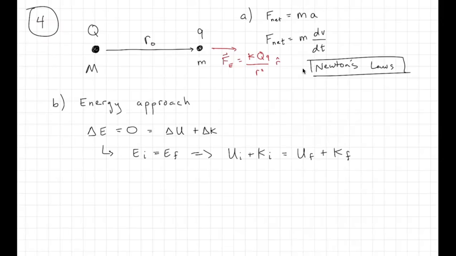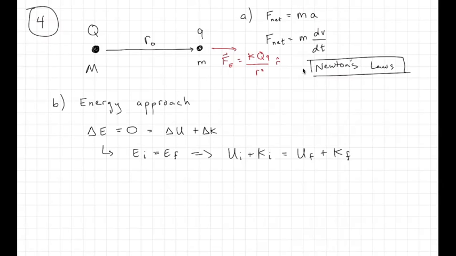Here we know the potential energy will depend only on the position of little q. That's what it means that the electric force is conservative. And we kind of know that form because we know the potential at any point where little q is due to big Q only depends on where little q is relative to big Q. And we know the kinetic energy really only depends on the speed.